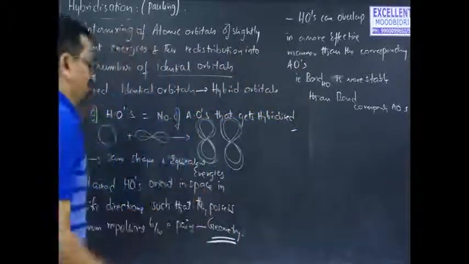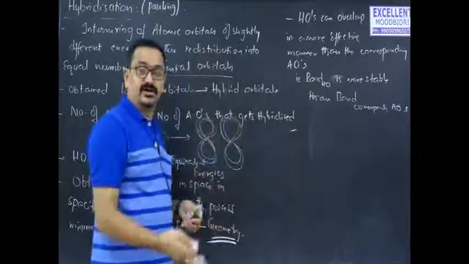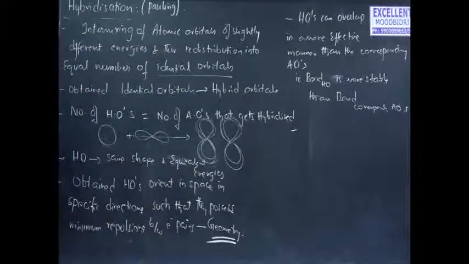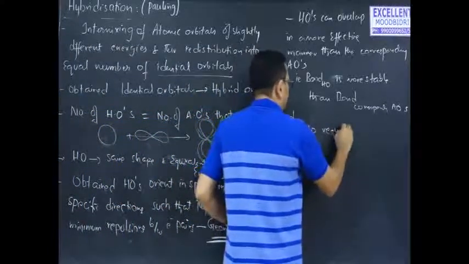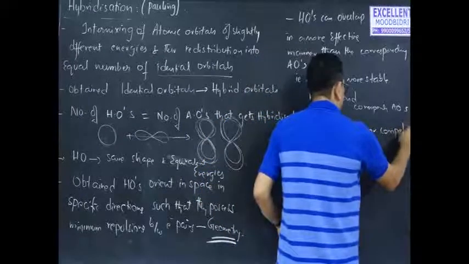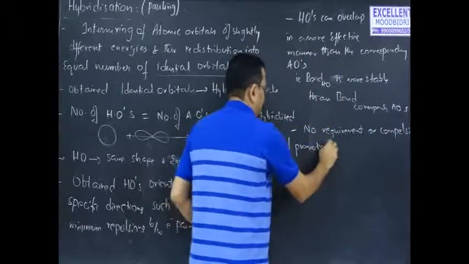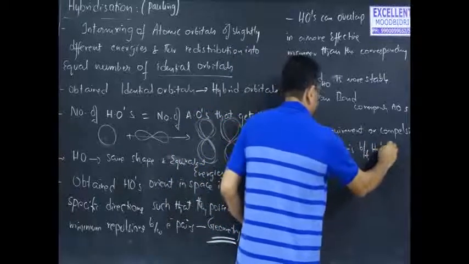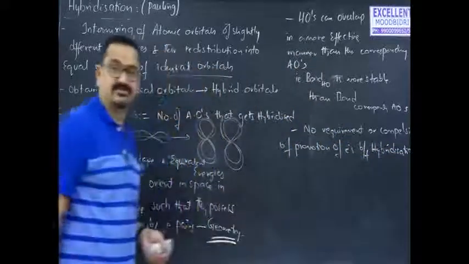And one more point is that, depending on the number of hybrid orbitals, the orientation in space also varies. And the next point is that there is no requirement or compulsion of promotion of electrons before hybridization.